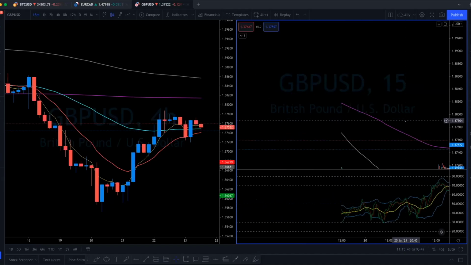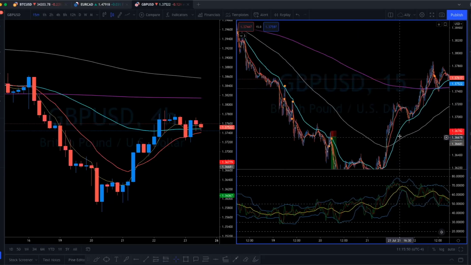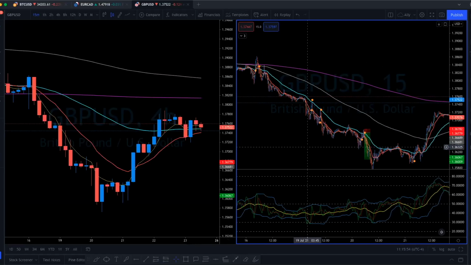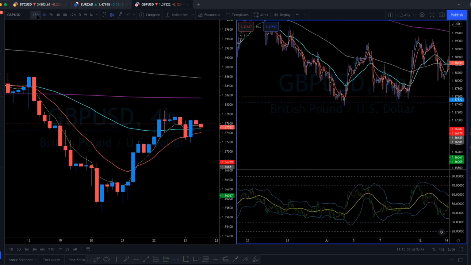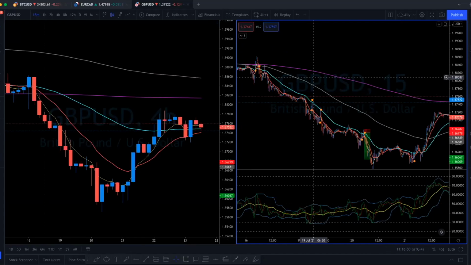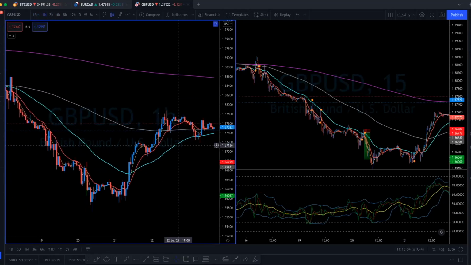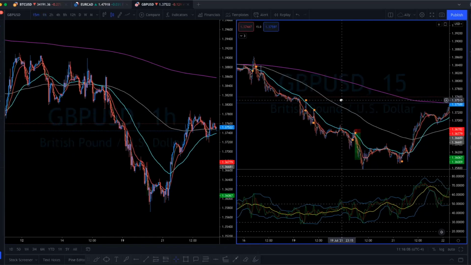So if we go back here, let's say, just to make it an easier visual, so if we look at this spot here on the chart, this range is basically like July 16th through the 20th.